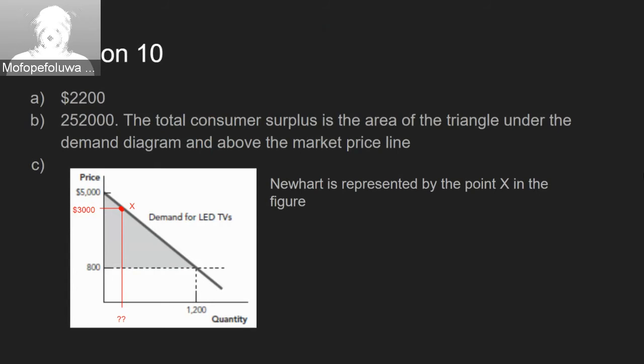So for B, the total consumer surplus is 252,000, as this is the sum of all the consumer surplus that the market enjoys, and the total consumer surplus can be read as the total area underneath the demand curve. And then for C, Newhart can be noted as point X on the graph, as this is the point where the price of the LED TV is 3,000, and 3,000 is the initial price that Newhart is willing to trade the good.